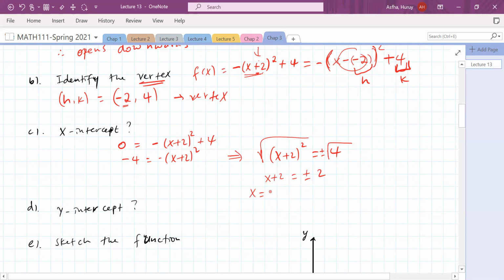Therefore, x is, if we transfer this to the other side, 2 minus 2, or -2 minus 2. So it will be 0 and -4.